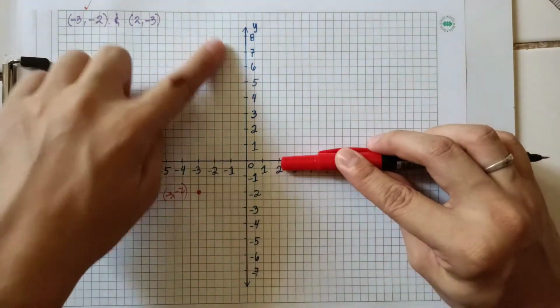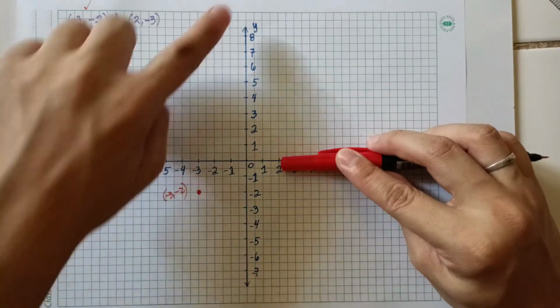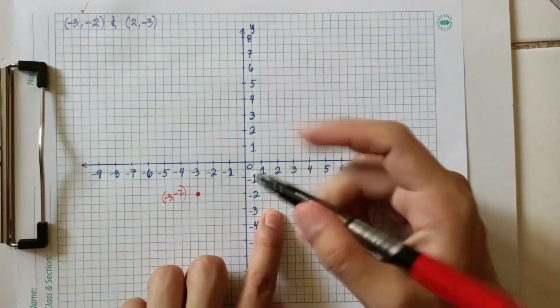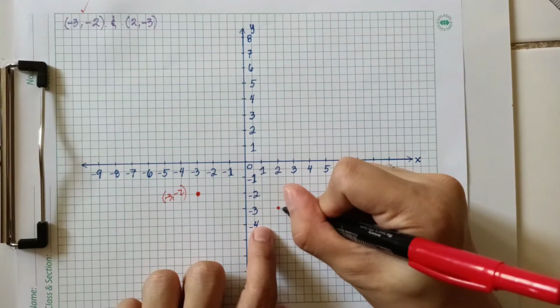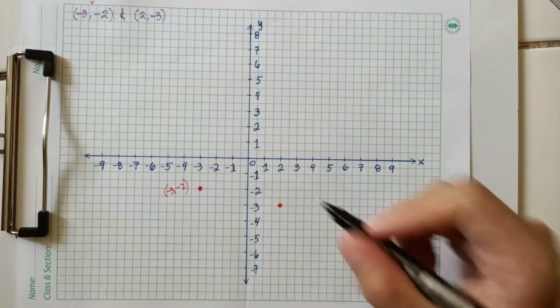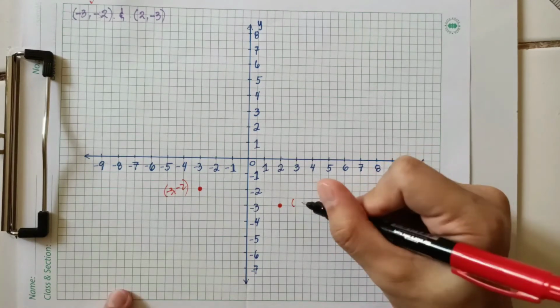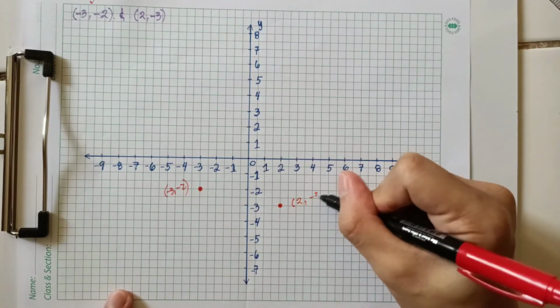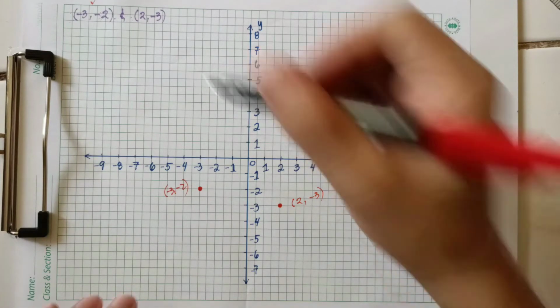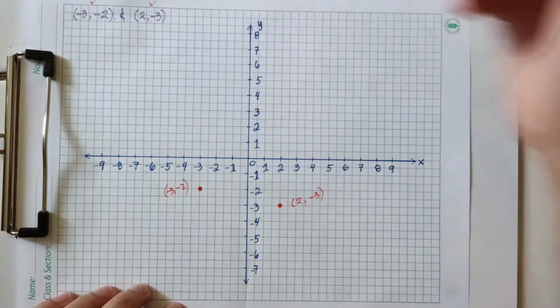Negative 3 sa y. Andito naman siya. Okay, ito yung y. Ito yung negative 3. So, tapat nung dalawa, dito sila magmi-meet. Dito yung point na pinapahanap sa atin. Okay? So, label the point. This is 2, negative 3. Ayan. So, those are the 2 points na given sa atin for example number 2.